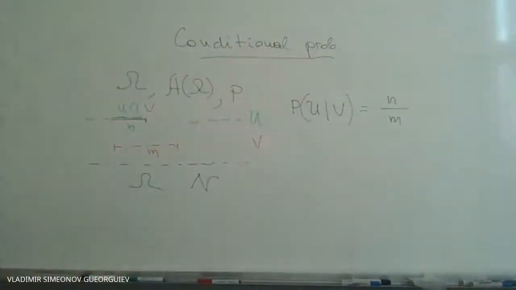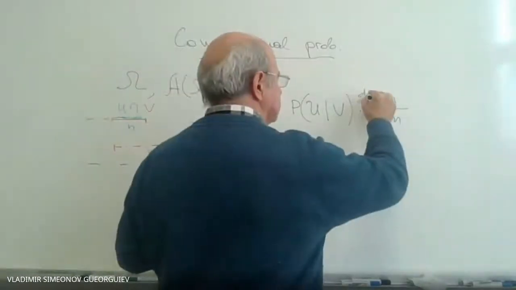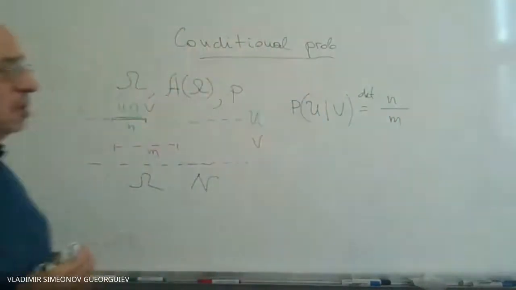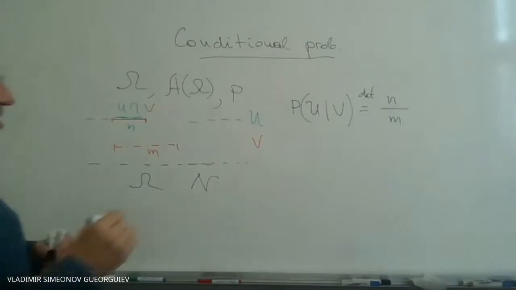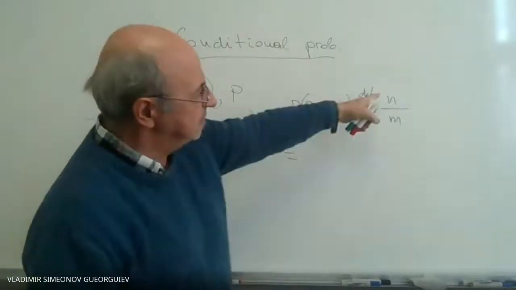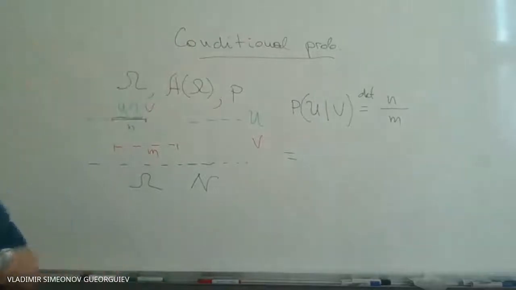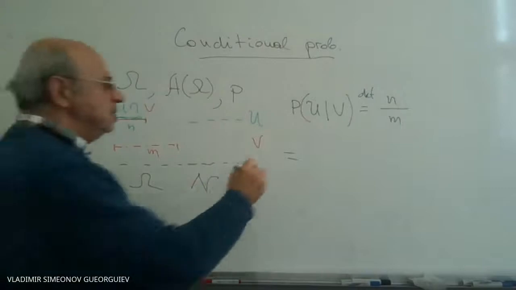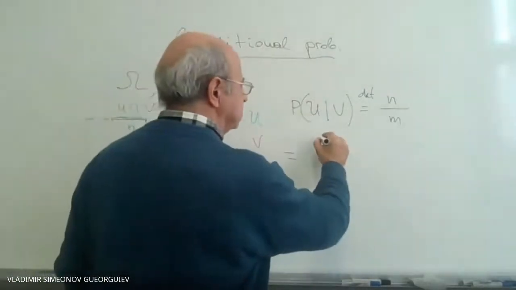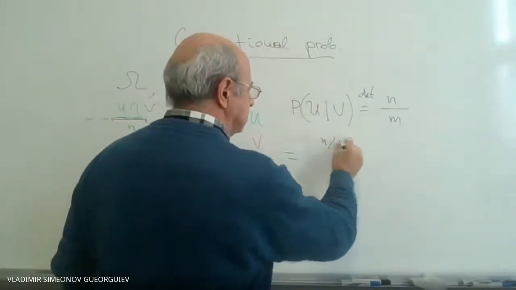So we count the set U intersected with V, and we divide by the set V. This is quite a natural definition. This is our definition of this conditional probability. But you see, we can divide denominator and numerator by this N.